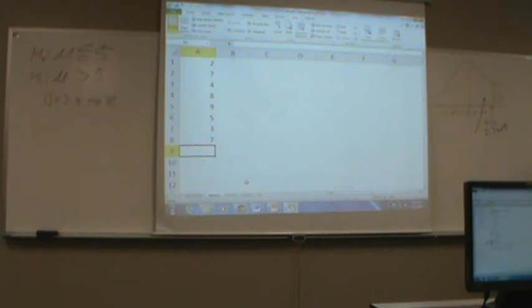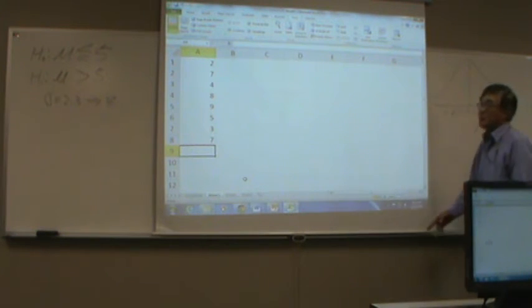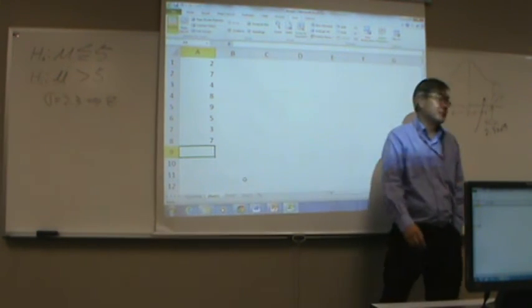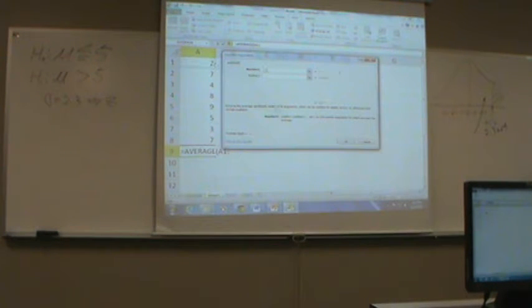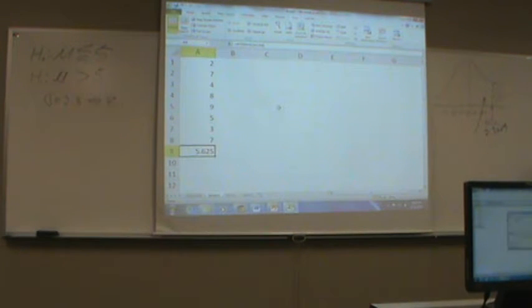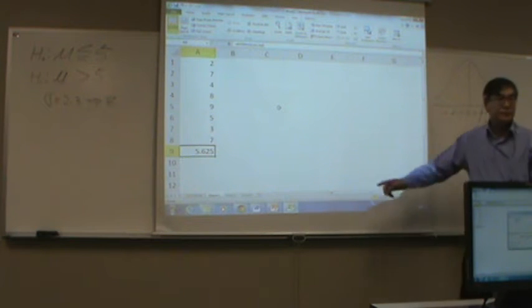Easy way, click the variable and type equal sign and then find average, specify the range. It's 5.625, right?